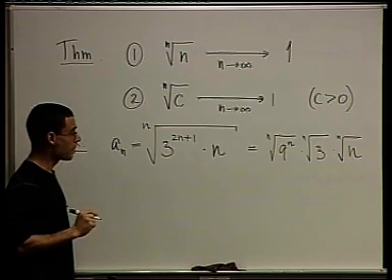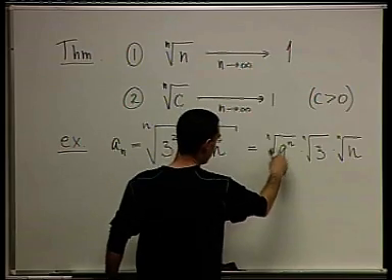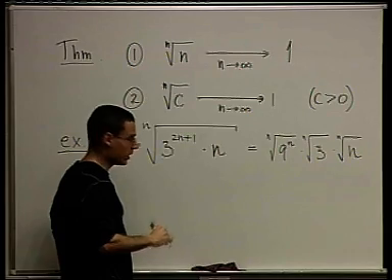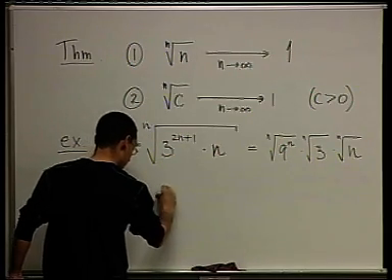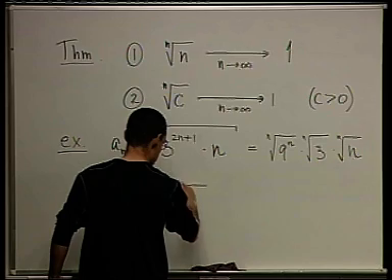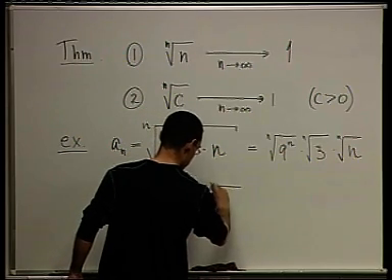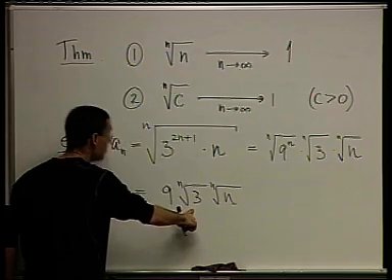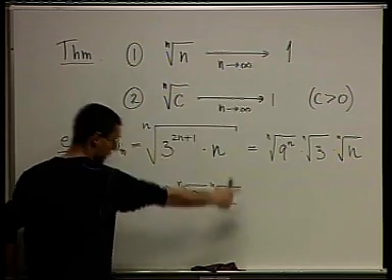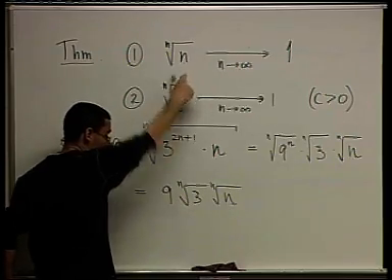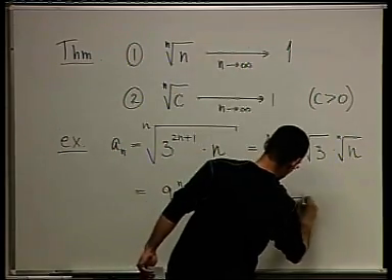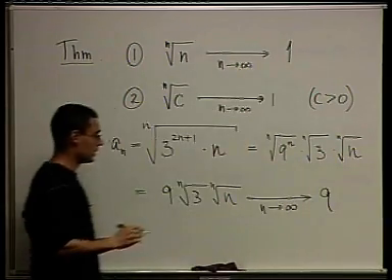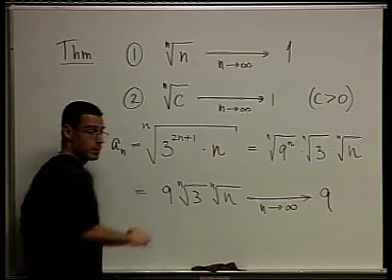Yes? Okay. What's the nth root of 9 to the power n? So it's 9 times the nth root of 3 times the nth root of n. This goes to 1 by this theorem. This goes to 1 by this theorem. Therefore, the product by limit arithmetic goes to 9 times 1 times 1. 9.